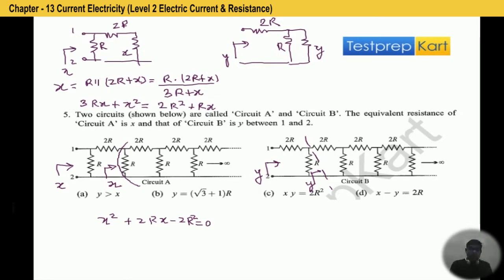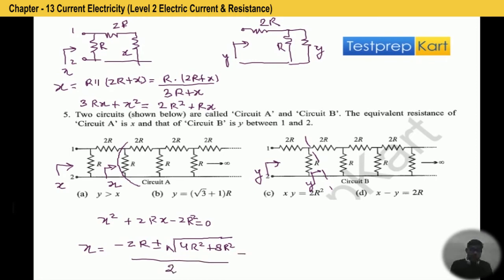So from here we can calculate X. X is minus B, so minus 2R plus minus under root B square. B square is 4R square plus 4AC, that is 8R square, upon 2A.